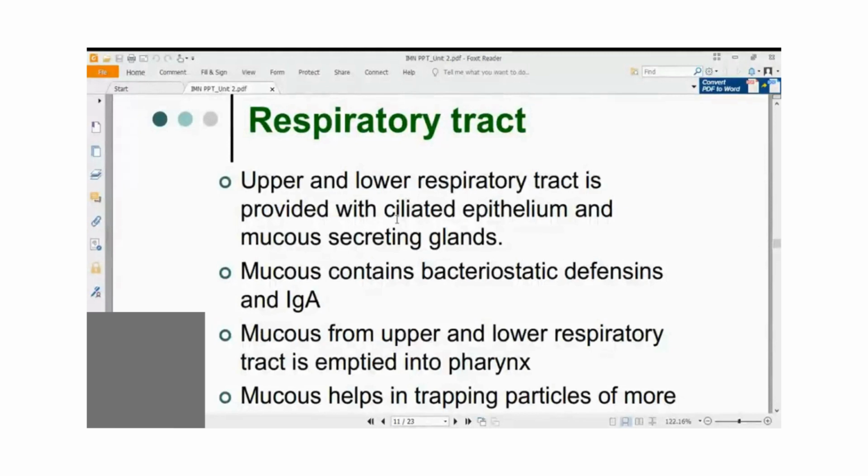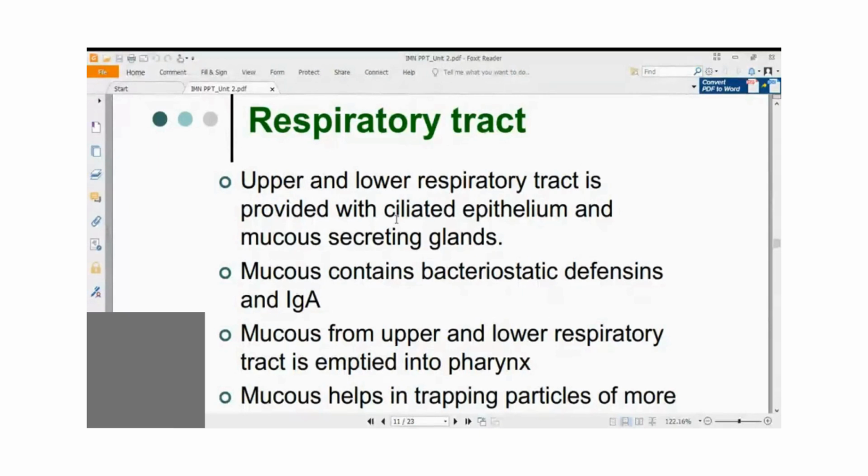Now, first, let me take the nasal passage. Nasal passage does produce mucus, and that mucus is pushed towards your buccal cavity periodically by the ciliated epithelium. You can call that the upper respiratory tract.